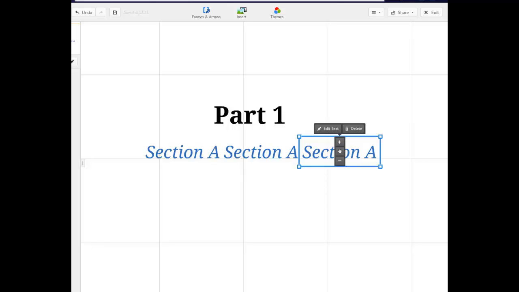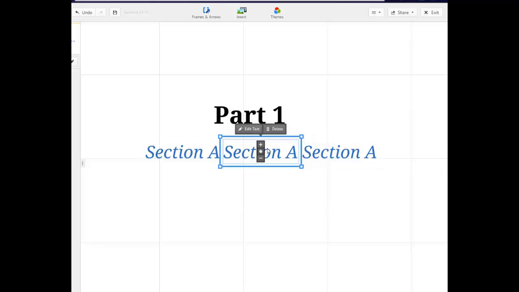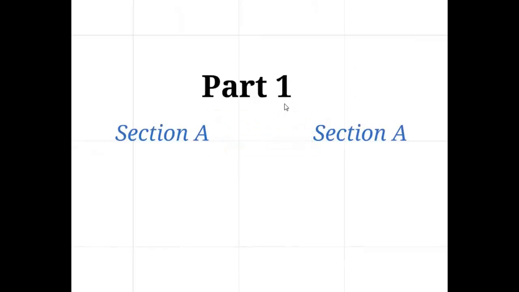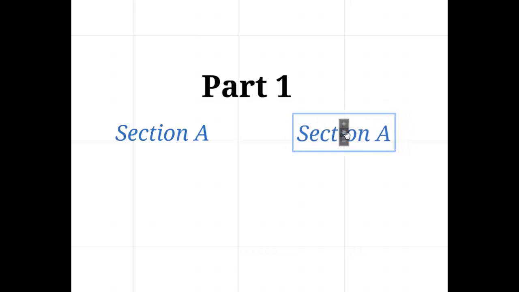So I currently have 3 copies of the section text, and will delete the middle one by clicking on the middle and selecting the delete icon just above the blue bounding box. I can now edit one of the new copies that I haven't deleted. I click and drag, as we've seen before, by clicking on the hand icon.